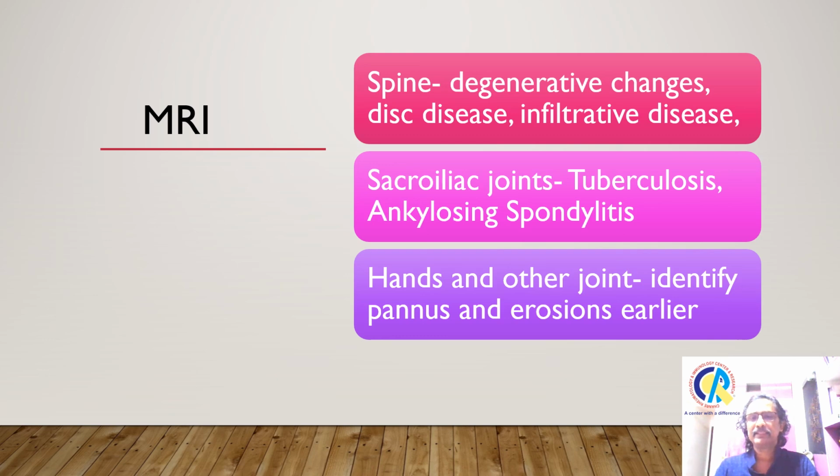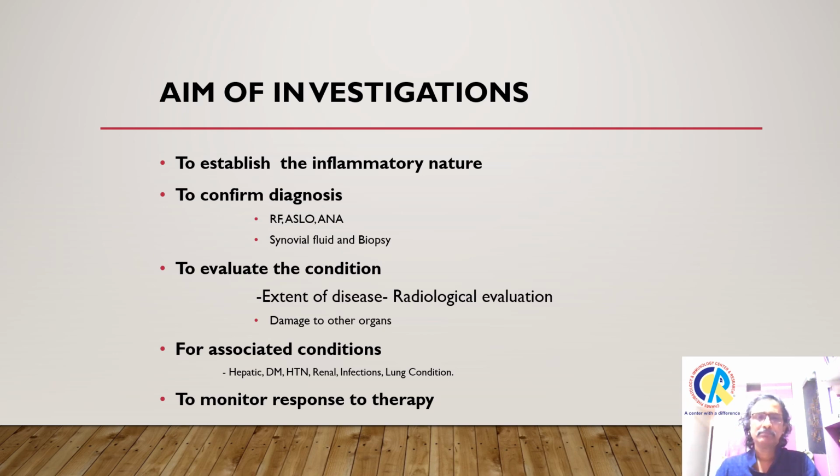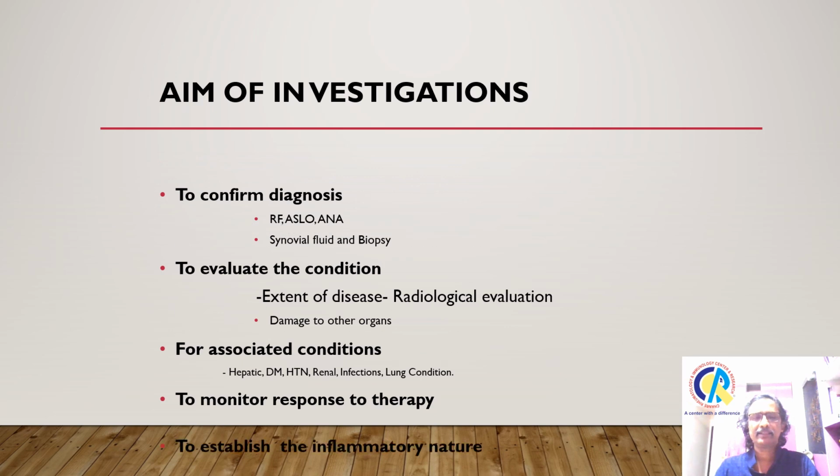Degenerative changes, disc diseases and infiltrative diseases of the spine can be made out. When you are confused, especially with very early, minimal changes, MRI of hands and joints can identify pannus, erosions and the extent of damage.